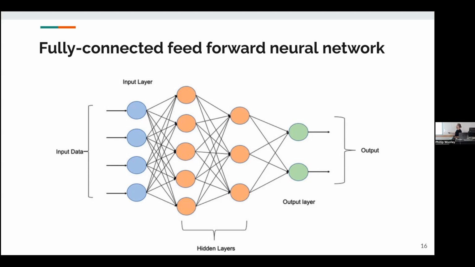Fully connected means every neuron in a single layer is connected to every neuron in the following layer. Feed forward means the information is only passed in a forward direction. And it's a neural network because we're using neurons. So this is the model we'll use to do our classification task.